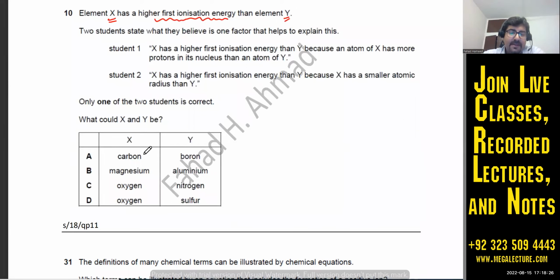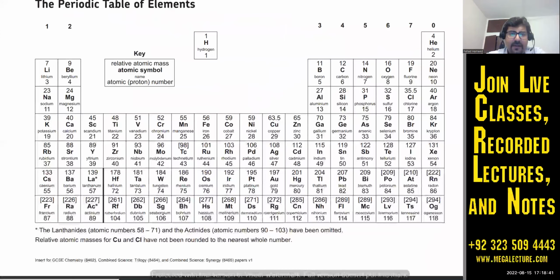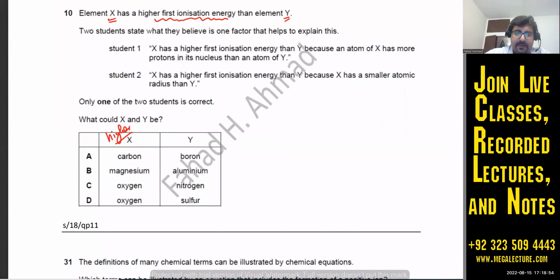So I've got carbon and I've got boron. X should have the higher ionization energy. That's the first requirement, right? Here's carbon and here's boron across the period. If I sketch across the period, it's going to look like this.